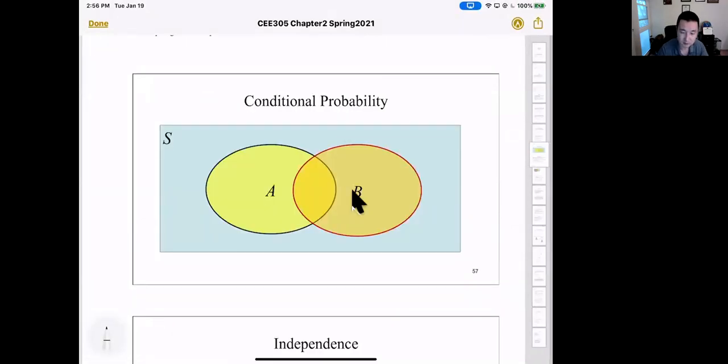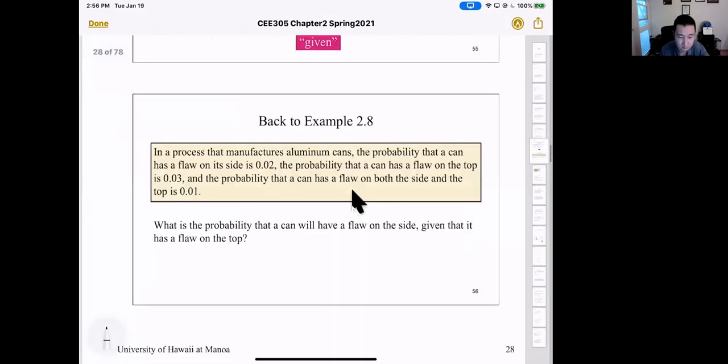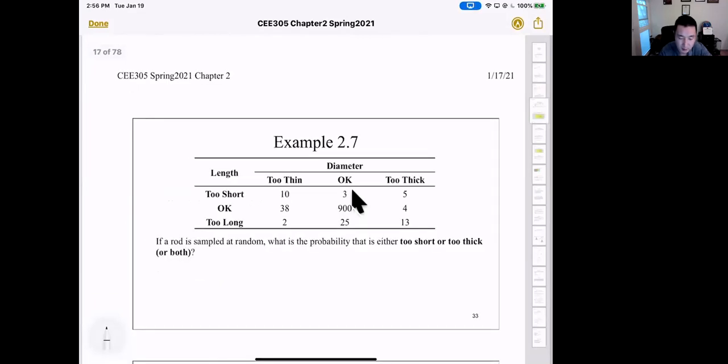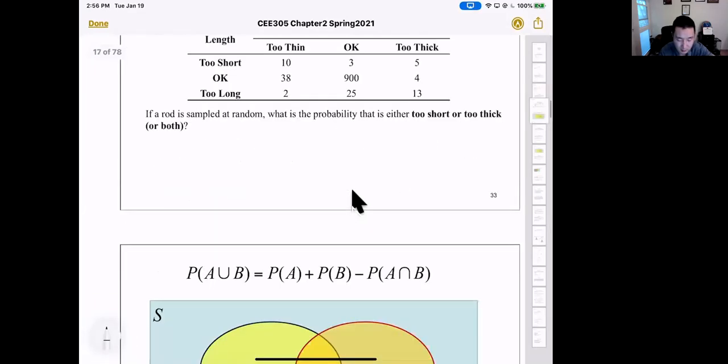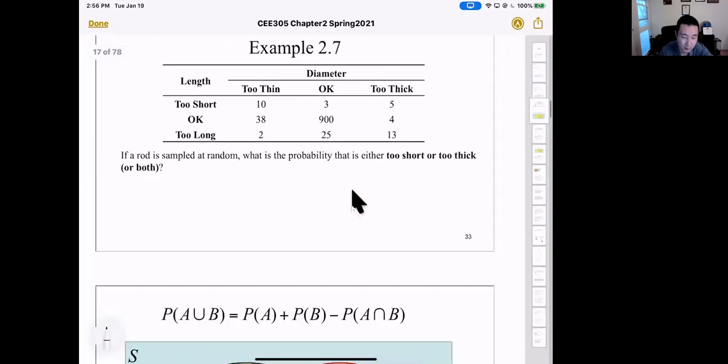So for the rods, no, sorry, it's here. Yeah, here. So the probability it is too short is 10 plus 3 plus 5 divided by 1,000. Okay.